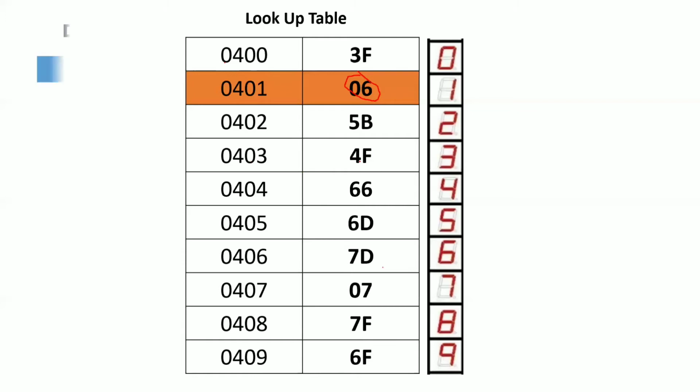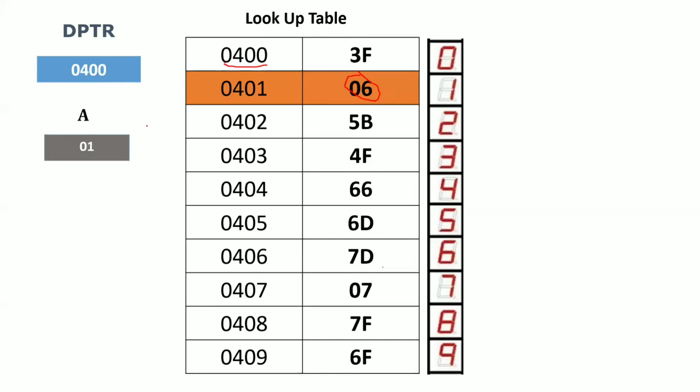Now we will start writing the program with some logic. First, you need to initialize the DPTR with the value 0400. Why 0400? This is the starting address location of your lookup table. Now tell me, I want to display 1 here in the 7-segment display. What is the code I need? 06. Whatever digit you want to represent in the 7-segment display, you put that digit inside your A register.